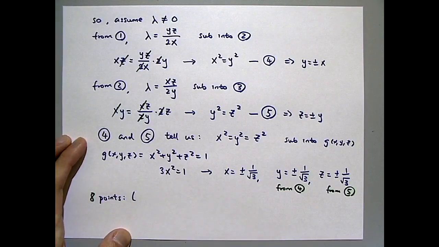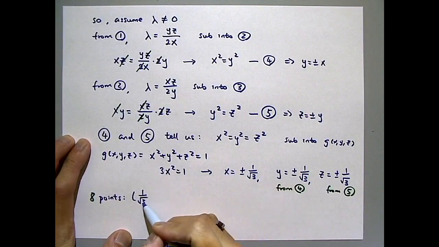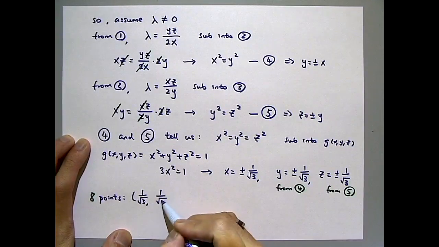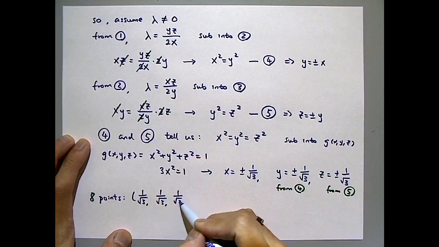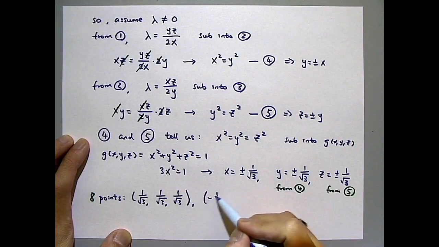All right, so listing these will be a little bit of work. So let's list the obvious ones. All positive. And then all negative, right? These two are obvious.